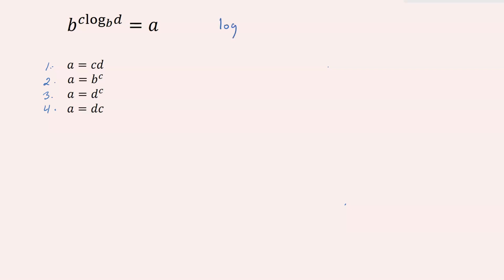So we have log of b, and the exponent of that is c log d of base b, which is equal to log of a. Great. Now we're going to use one of the log laws, and that's the exponent that we have.